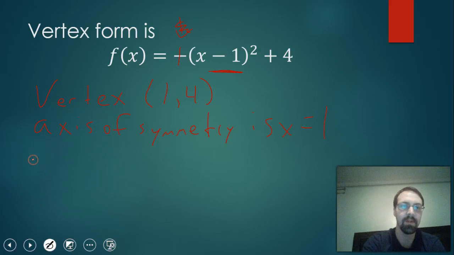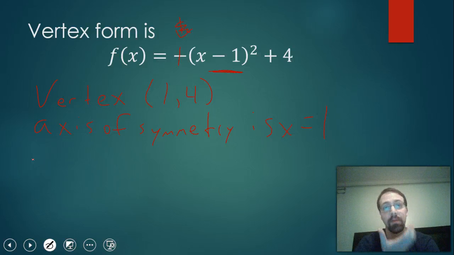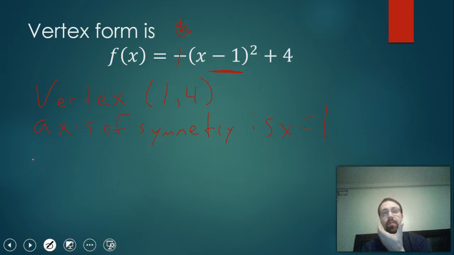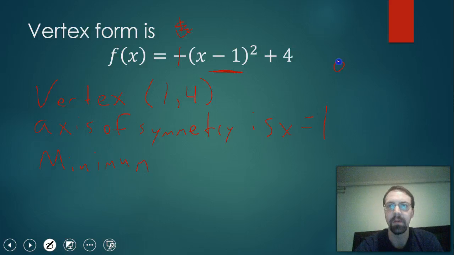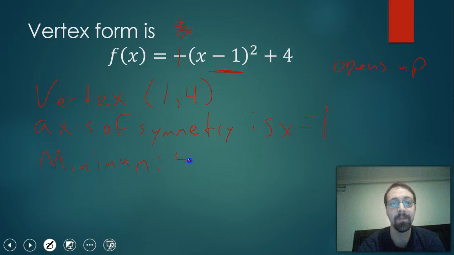In this case, because I changed it, we're opening up now. Got a cup, we're opening up. Then it's going to be a minimum. If it helps, off to the side you can write opens up, opens down, depending on what you need. My minimum is going to be 4.